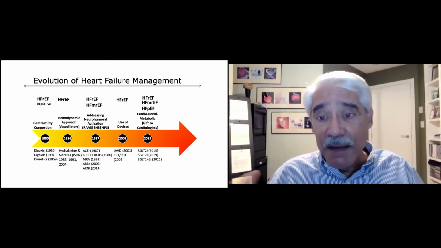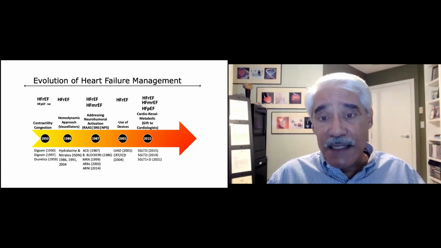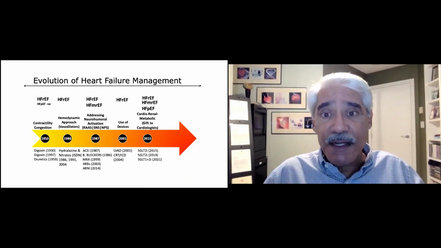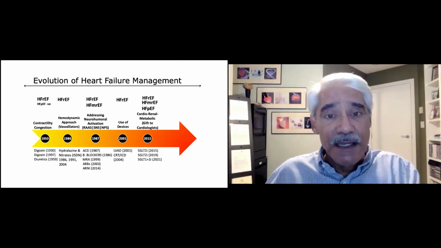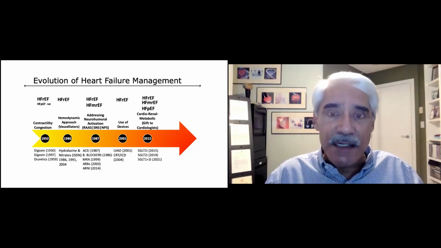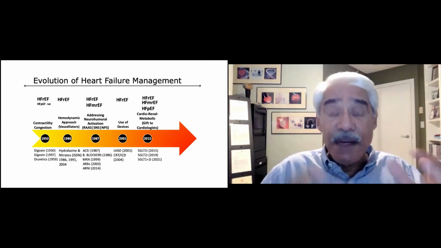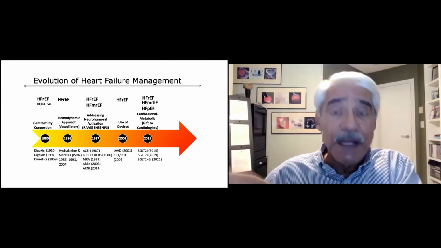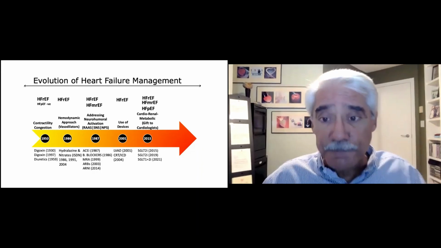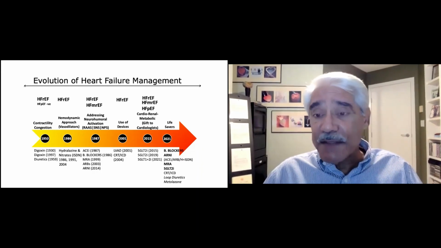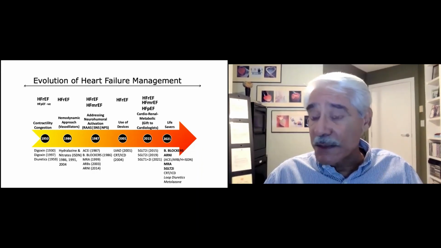And then we have a gift given to us of these SGLT2 inhibitors, which were being tested for the treatment of diabetes. And now we learned that they are excellent drugs to decrease adverse kidney outcomes and adverse cardiac outcomes very significantly. So the lifesavers in 2021 are the beta blockers, ARNI.